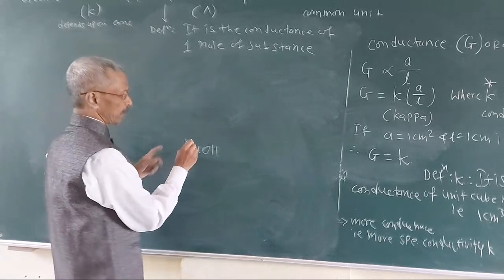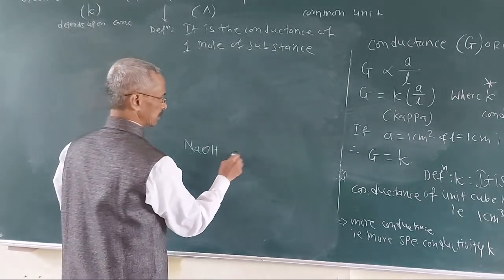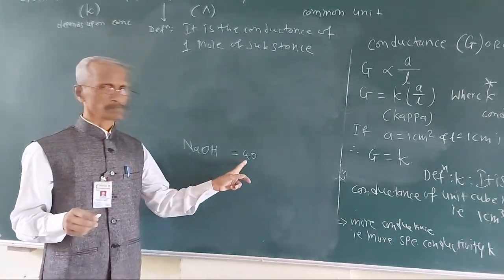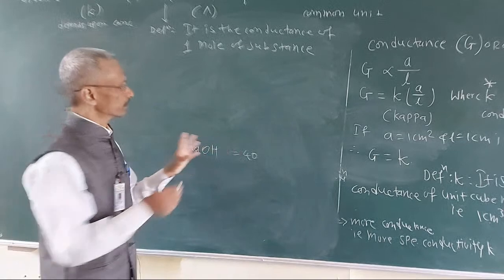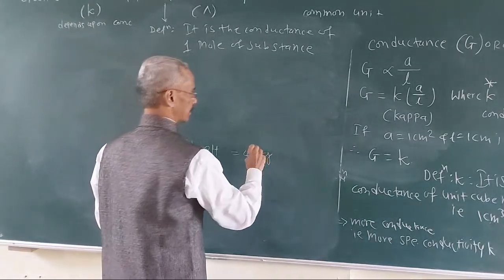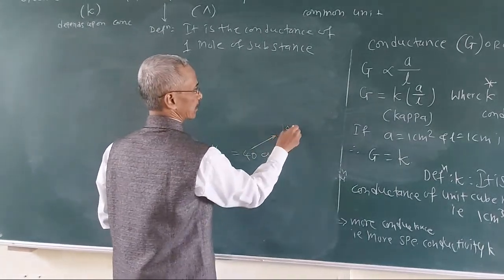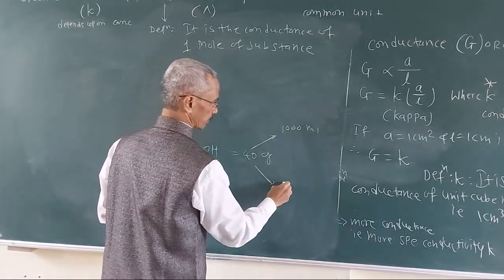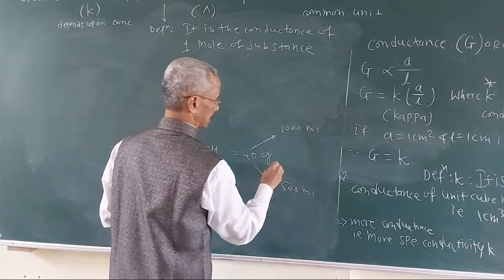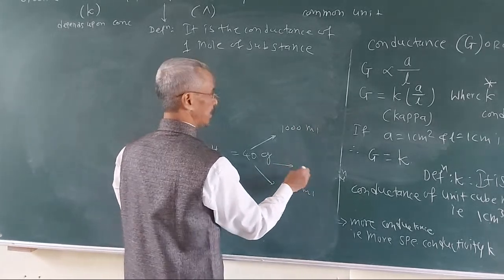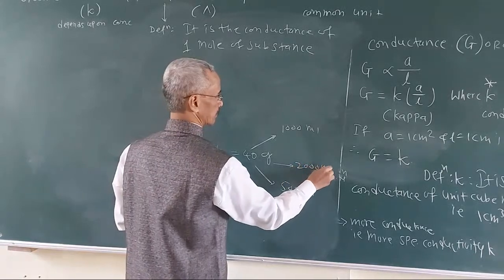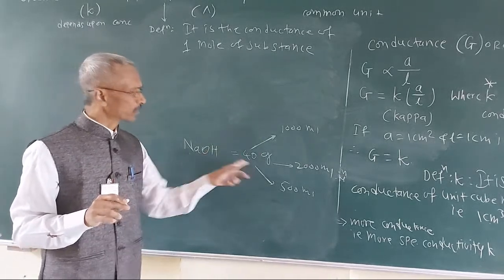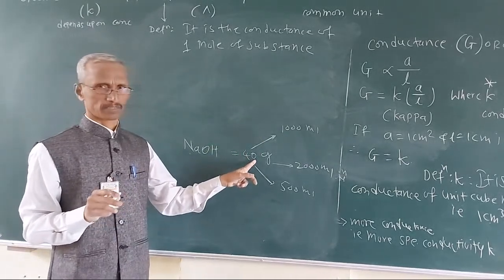So here, NaOH, what is the molar mass? The molecular mass of NaOH is 40 grams. Now this 40 grams can be dissolved in 1000 ml, in 500 ml, or in any volume, say 2000 ml. So here the total is 40 grams.